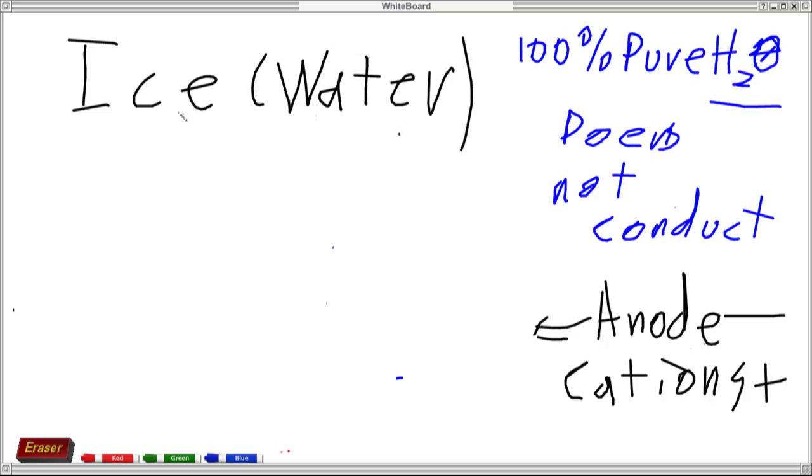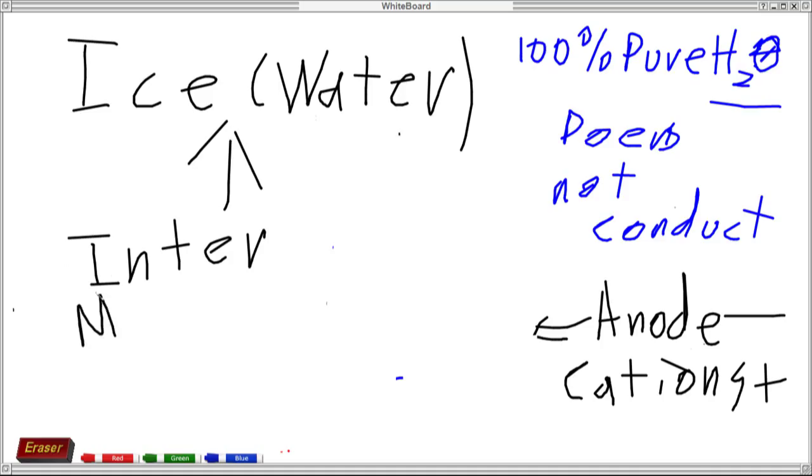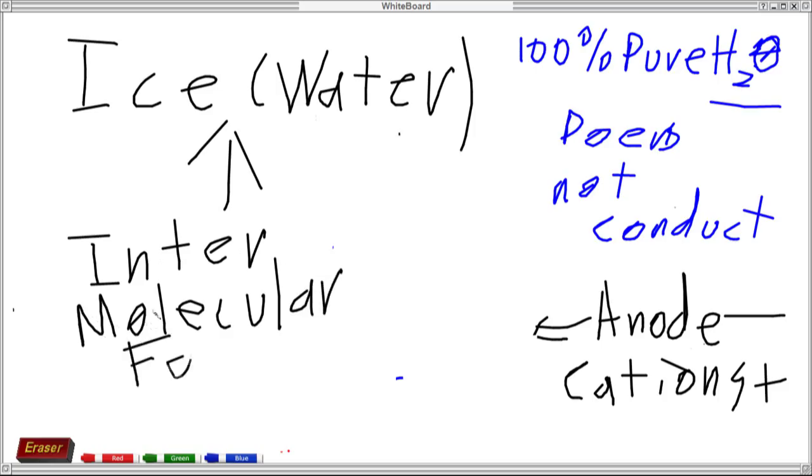It's primarily because of this that ice tends to expand in volume.